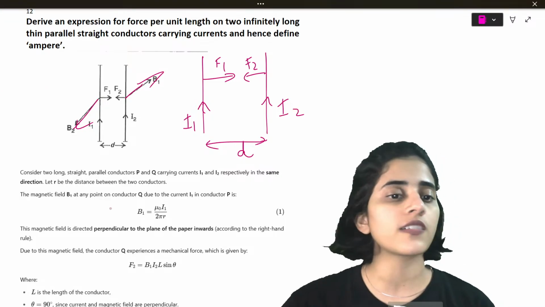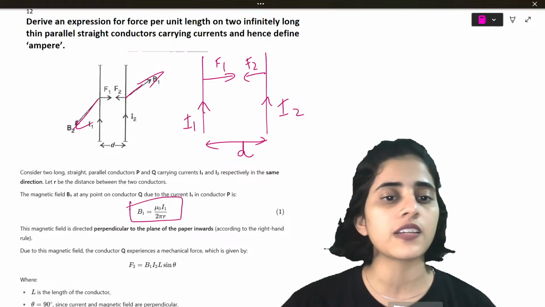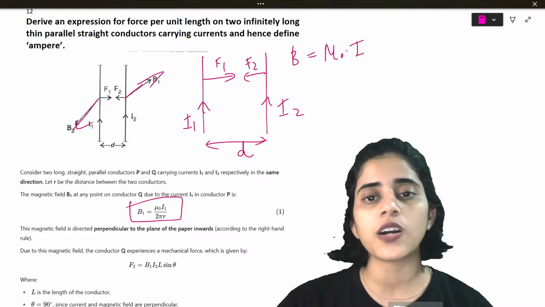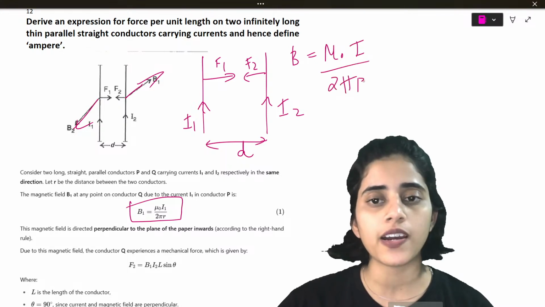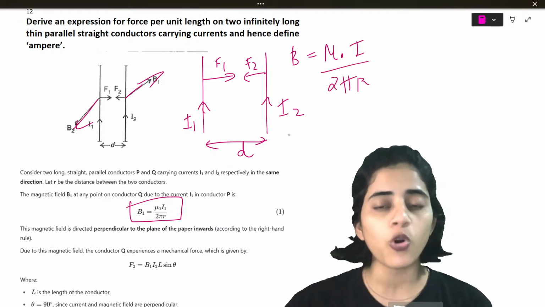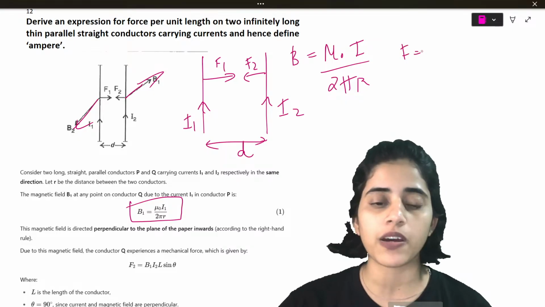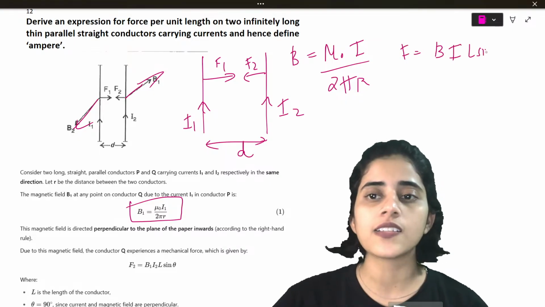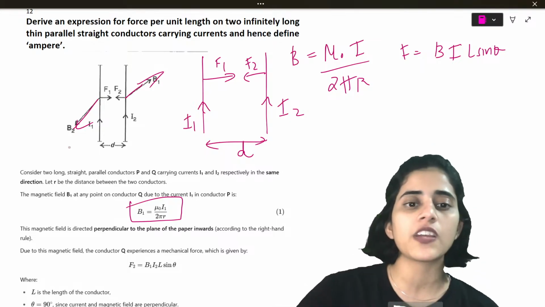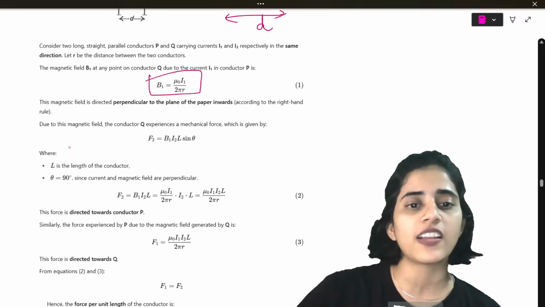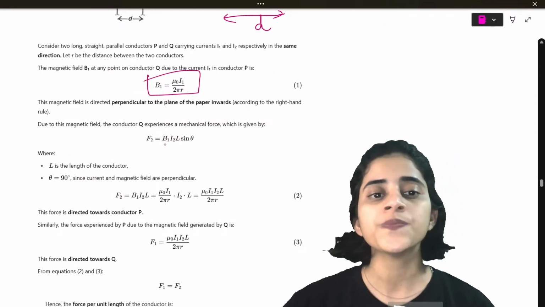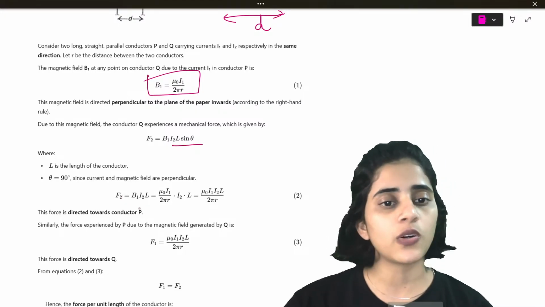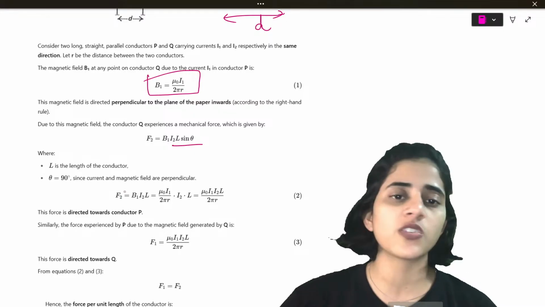The magnetic field B for a wire is mu 0 I by 2 pi r, and force on a wire is given by B I L sin theta. Depending on whichever wire it is, the values will change. So F2 will be B1 I2 L sin theta. Now theta is 90 degrees, so you can just ignore it.